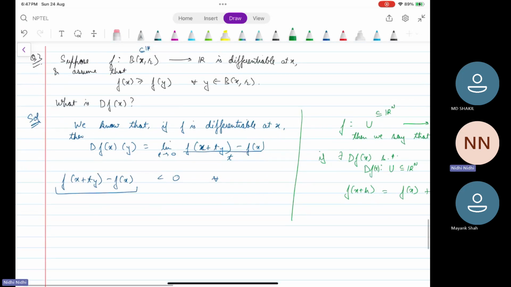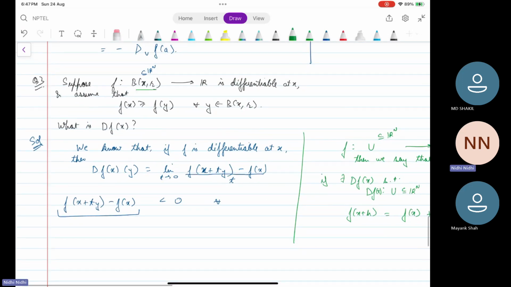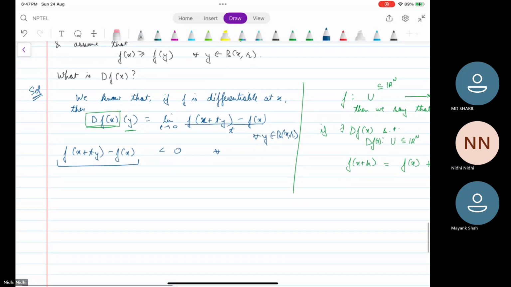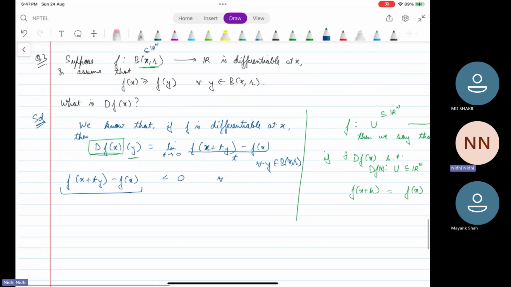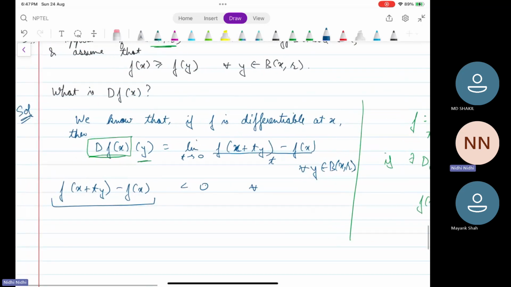Here our function f is defined on B(x, r), which is a subset of R^n, so our df_x is a linear map defined on B(x, r), and y is in B(x, r). By the given condition, we know that f(x + ty) - f(x) is always negative.